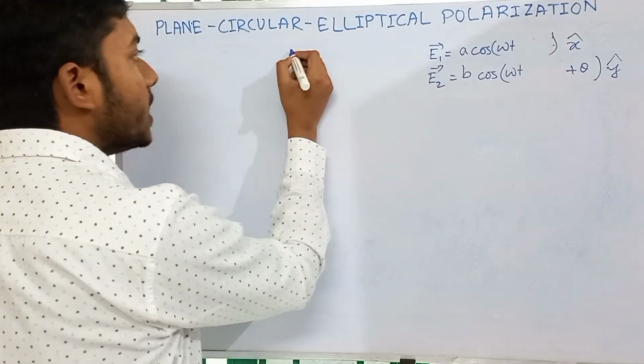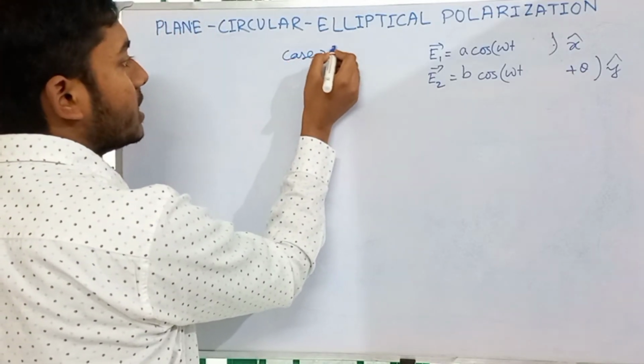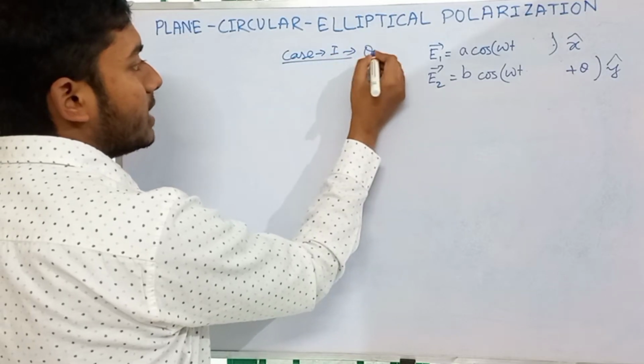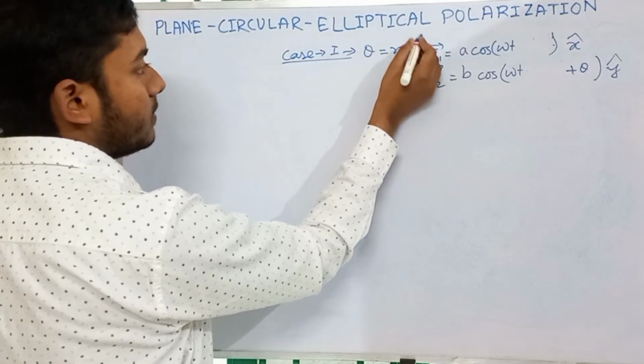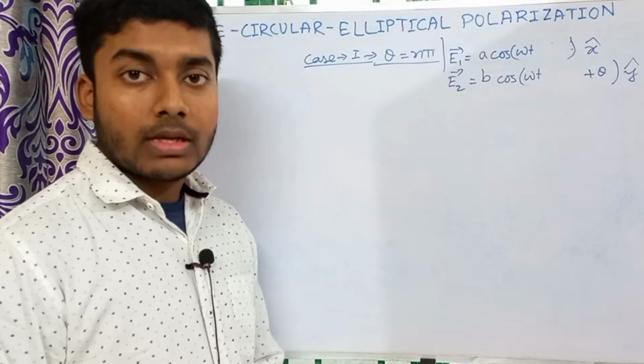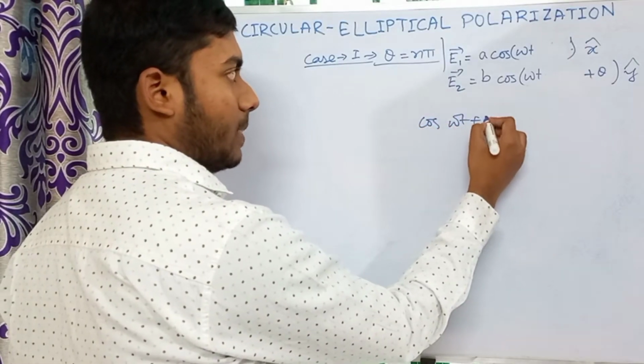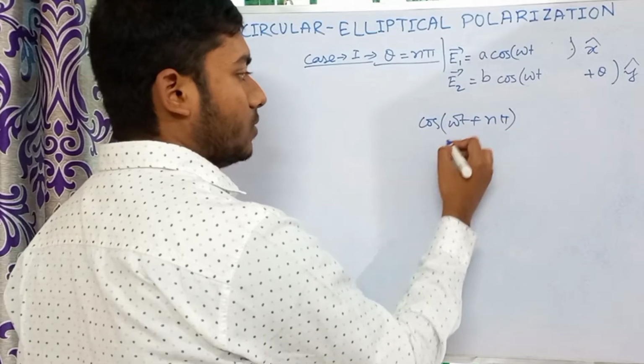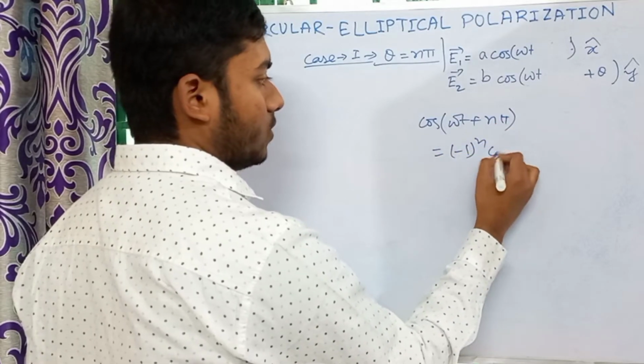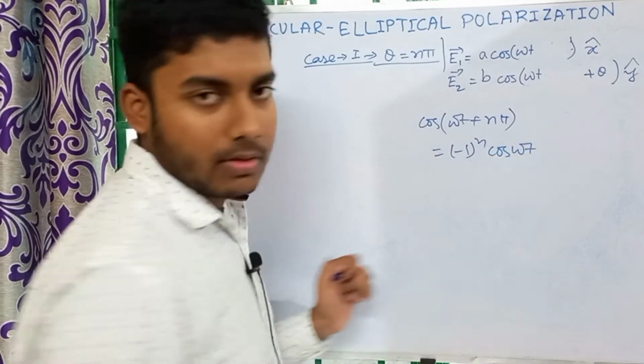Case number 1 is when theta equals n pi. Now we know that cos of omega t plus n pi equals minus 1 to the power n into cos of omega t, right?